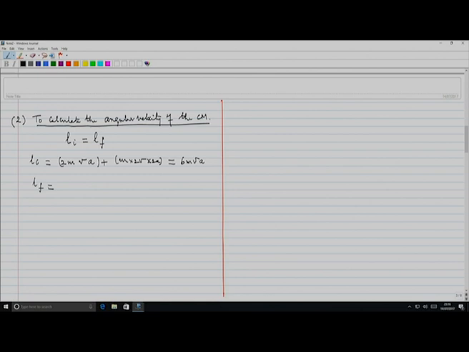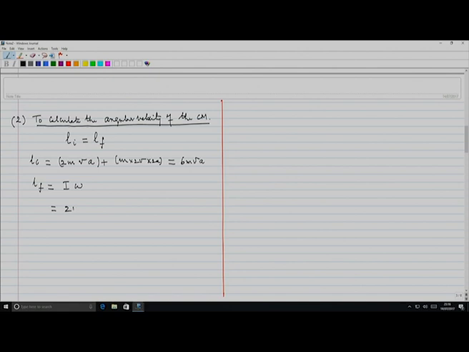Now after the masses get stuck to the rod, it is going to rotate with an omega. Therefore the angular momentum is the moment of inertia times omega. For this moment of inertia, the mass 2m will contribute, mass m will contribute, and also the rod will contribute because the entire thing will rotate.